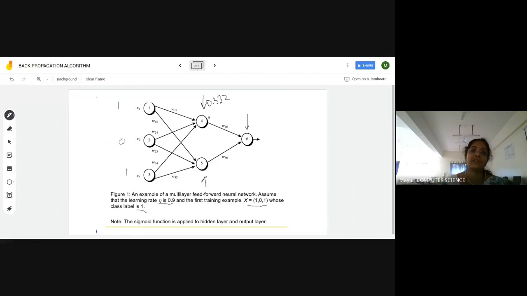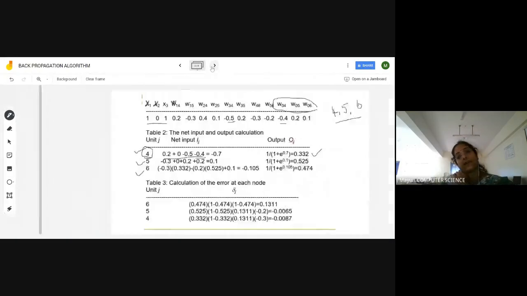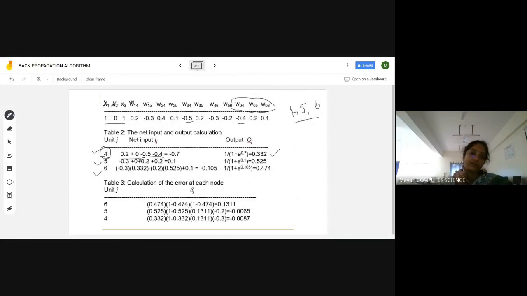The value of this, why I am writing it here, is that it will act as input to 6. The next one, the same way, the output I have calculated at 5 is 0.525, because again x1 into W15 plus x2 into W25 plus x3 into W35 plus the bias weight is 0.2.